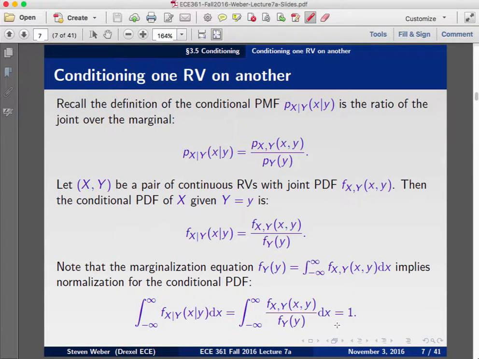This is an integral with respect to x, and so the denominator is independent of x and can be pulled out. And now, since I'm integrating the joint distribution over all possible x, I know from this equation up here that that equals the PDF for y. And so then you see I'm going to have the ratio of the density of y over the density of y, equal to 1.